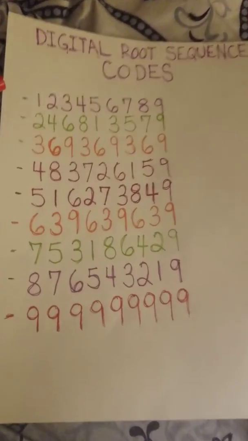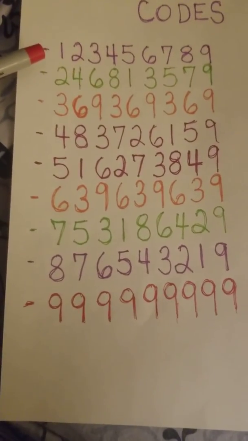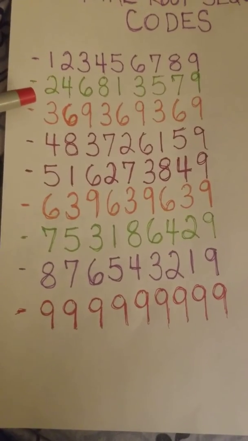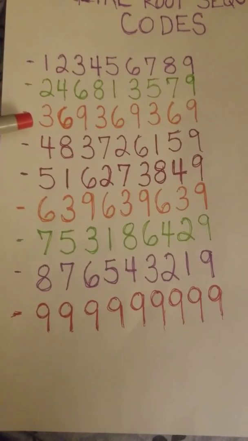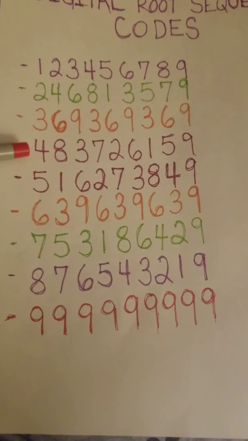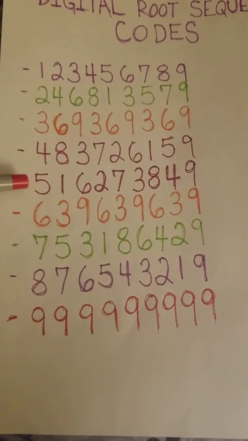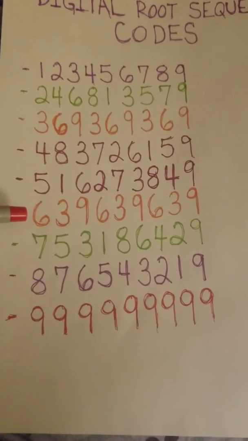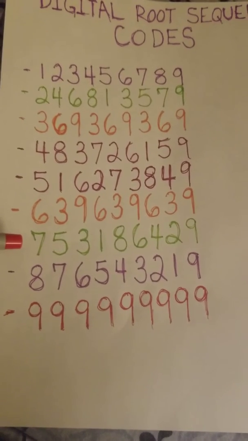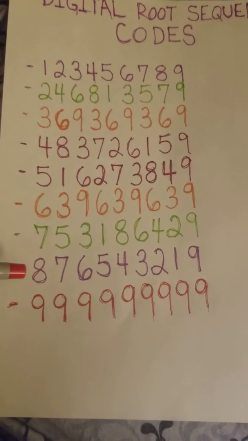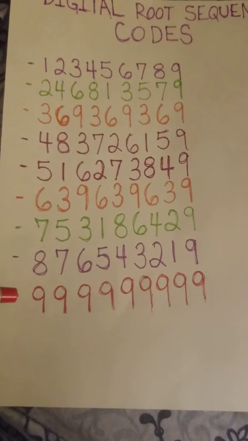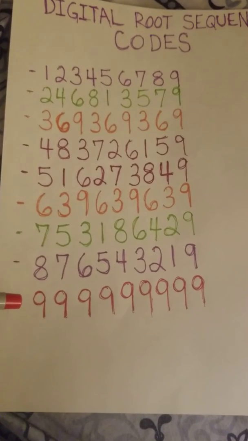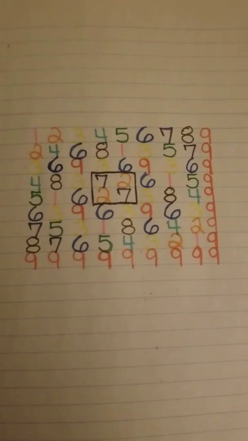Those codes are 1, 2, 3, 4, 5, 6, 7, 8, 9, 2, 4, 6, 8, 1, 3, 5, 7, 9, 3, 6, 9, 3, 6, 9, 3, 6, 9, 4, 8, 3, 7, 2, 6, 1, 5, 9, 5, 1, 6, 2, 7, 3, 8, 4, 9, 6, 3, 9, 6, 3, 9, 6, 3, 9, 7, 5, 3, 1, 8, 6, 4, 2, 9, 8, 7, 6, 5, 4, 3, 2, 1, 9, and the last digital root code that is found within the multiplication sequence is 999999999.